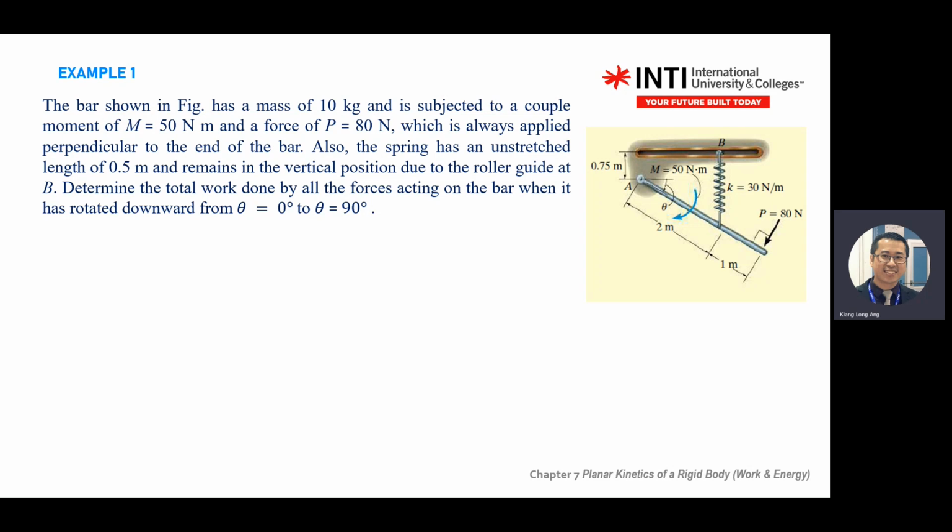Because you see, in this example one, you have too many things to consider already. Then you forget. It tends to distract you from considering the weight. You read it, then you can do the P, spring force, moment. But you want to solve, and you forget the fundamental. Actually, there's a weight there. So remind yourself. Don't forget about the fundamentals.